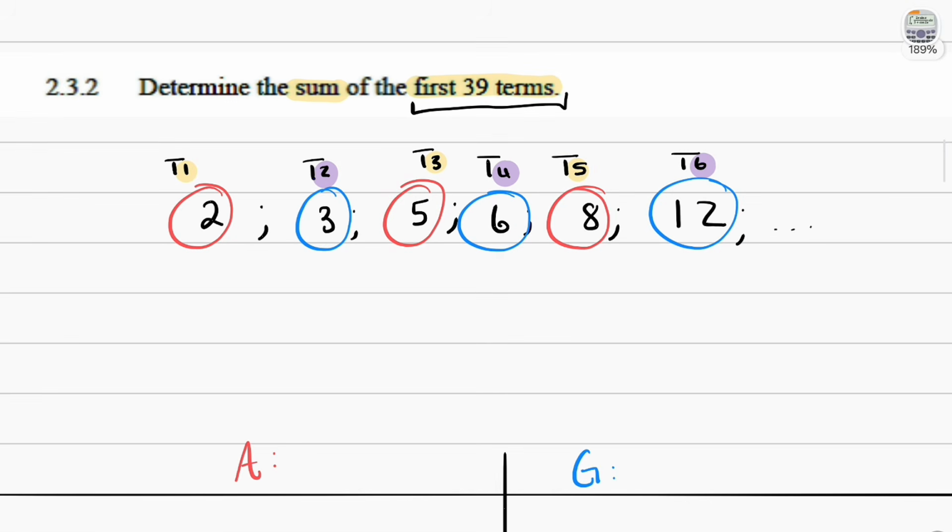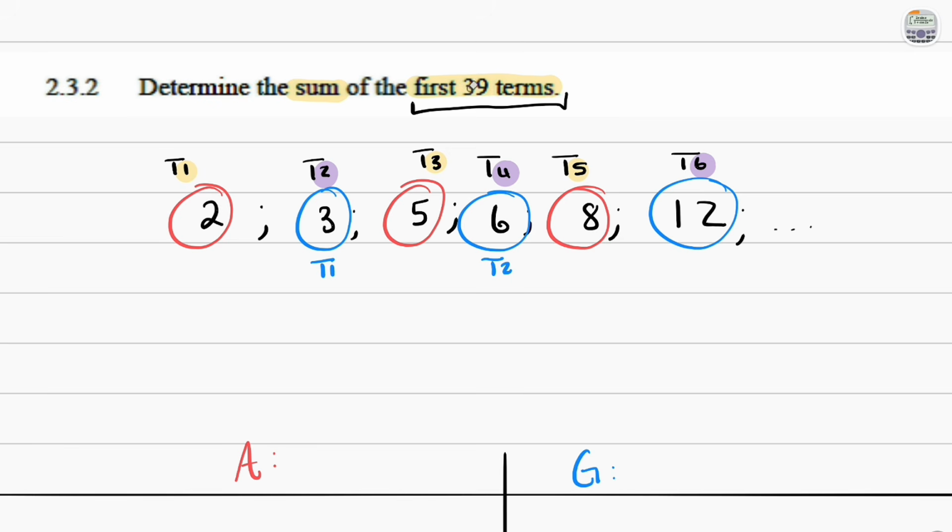So in the geometric pattern, I'm going to target the even term numbers because look at how this works. This is the first term for the geometric pattern. This stands as the second term for the geometric pattern. Now, do you see that the first term is at term 2 of the general pattern? The second term is at term 4 of the general pattern.